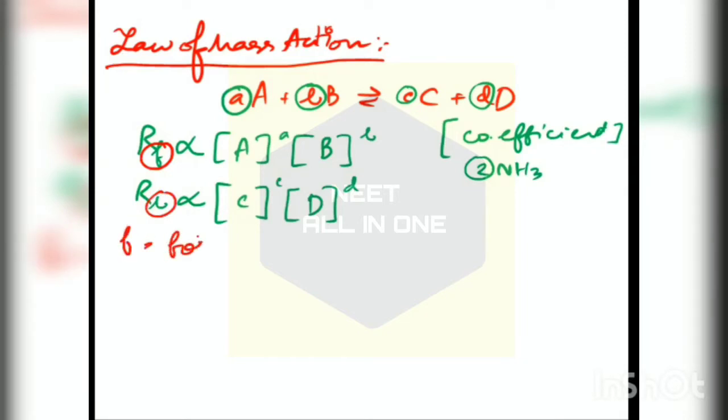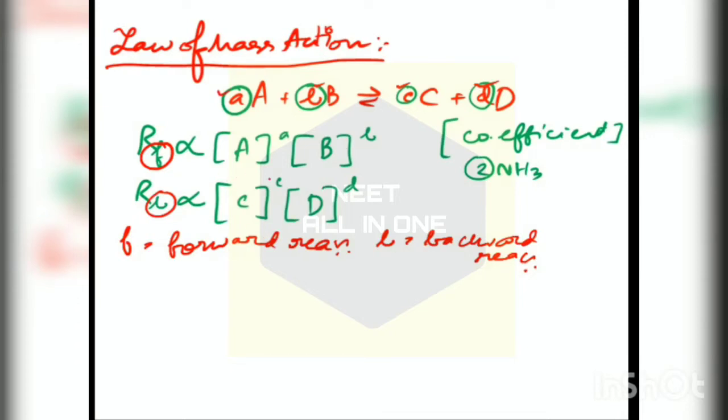F means forward reaction, okay, and B means backward reaction. That means if C and D react and form A and B, then it will be backward reaction. And if A and B react and form C plus D, that will be our forward reaction. That's what I have written here.